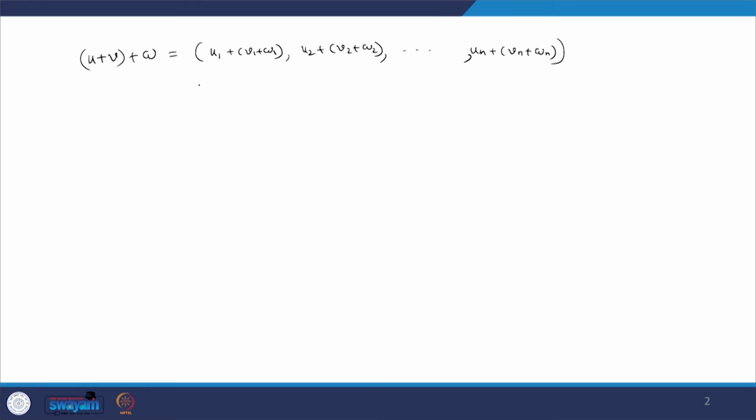So, this is again nothing according to definition 1 of the vector addition, we have this is equal to u plus v plus w. So, associative property holds good.